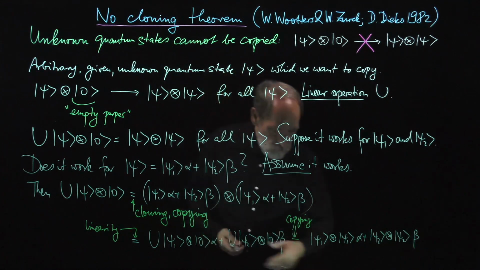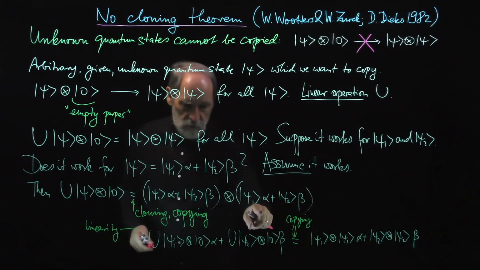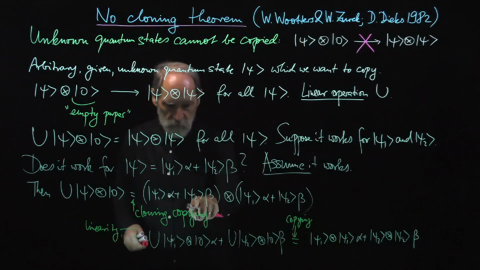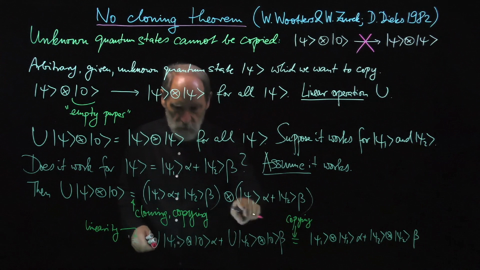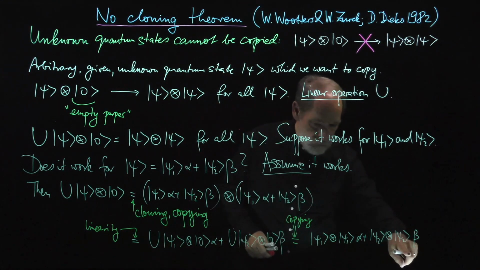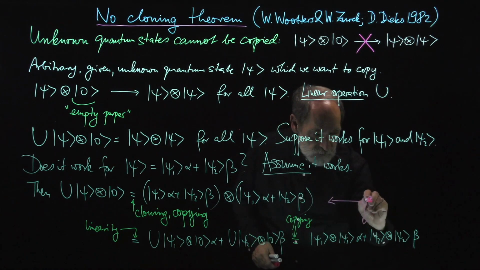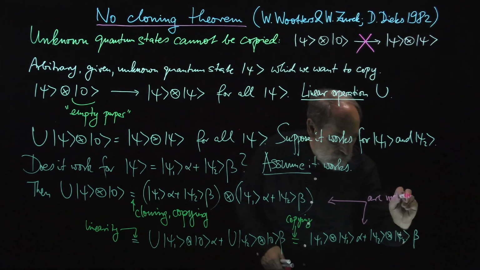But then in this product, we have terms that involve psi 2 tensor psi 1 and psi 1 tensor psi 2, which are absent in this expression. So these two expressions are not the same.